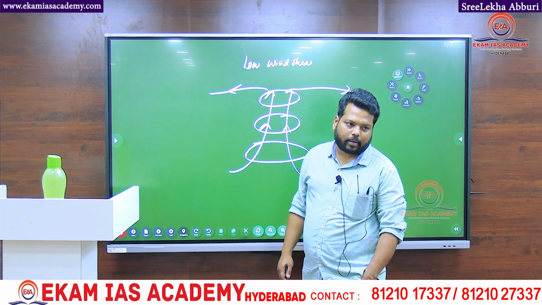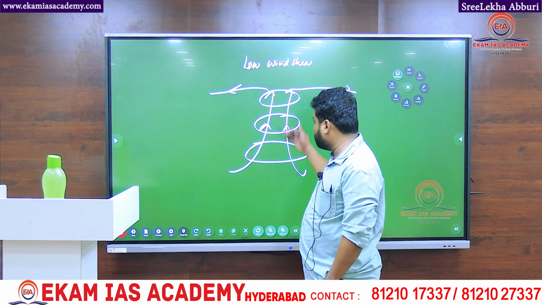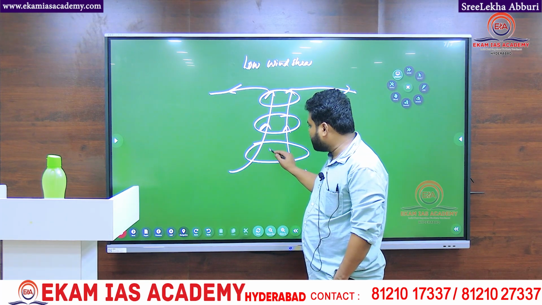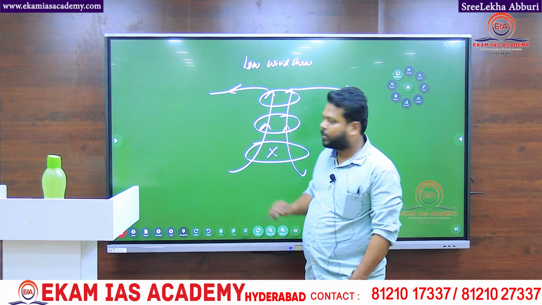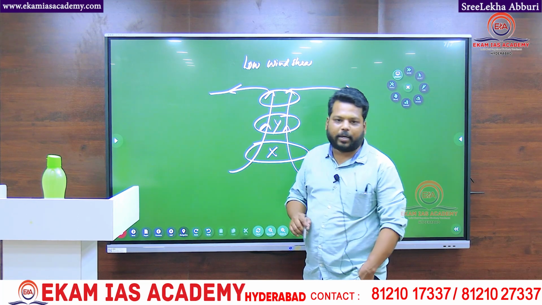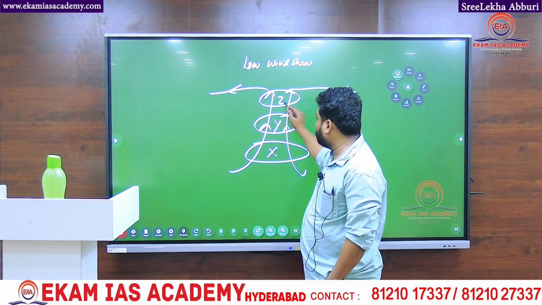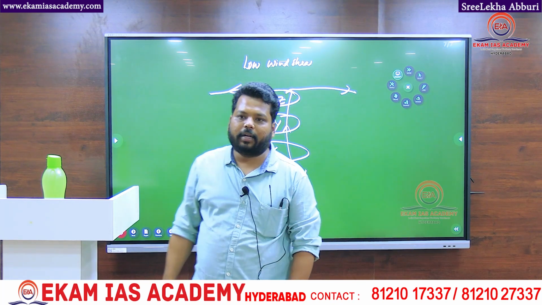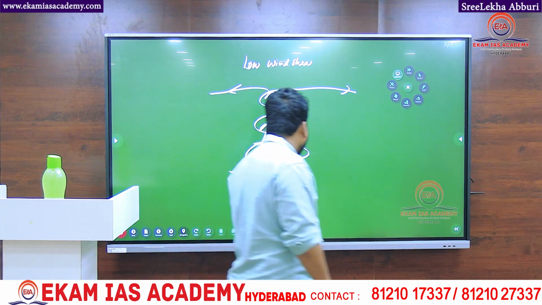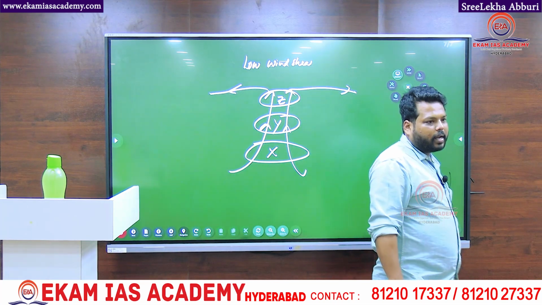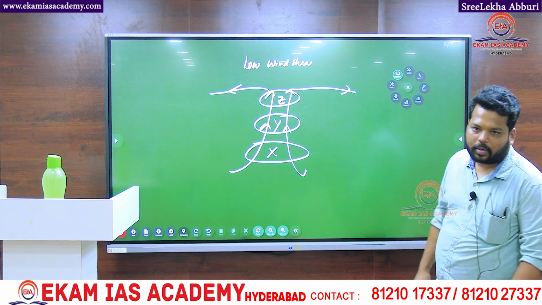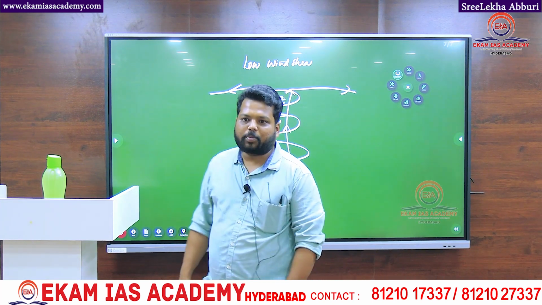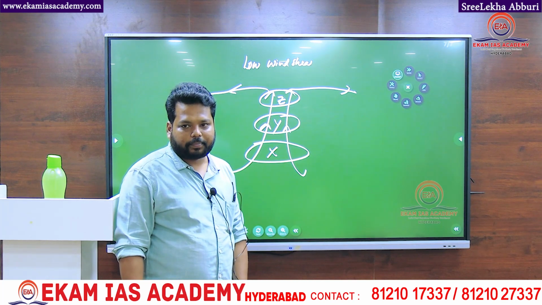So when the winds would be moving at these particular highest heights, what will happen? In this particular zone of wind systems, here winds would be having a certain speed called x. At this zone we will have the speed called y. At this zone we have the speed called z. So these wind systems which are moving at x, y and z, in this particular zone, what will happen?